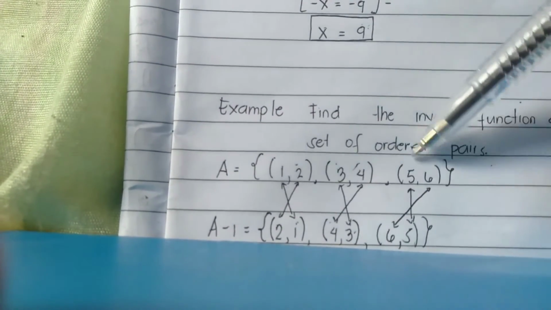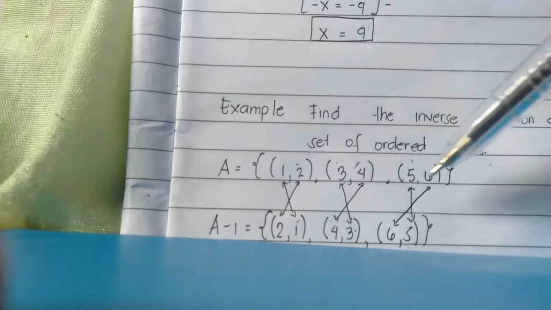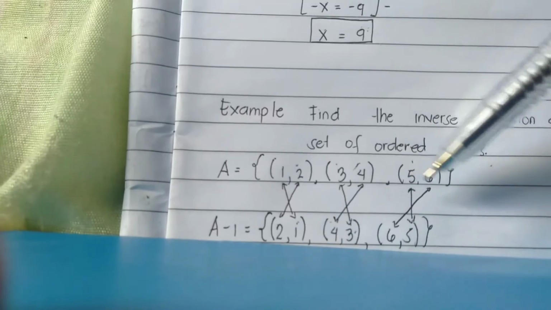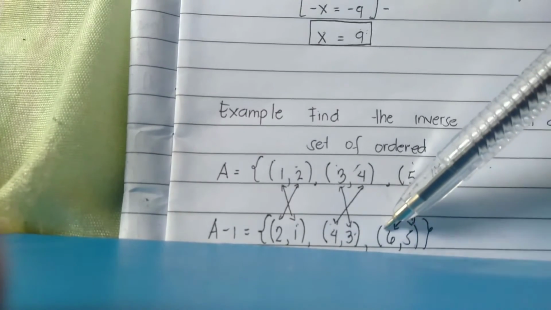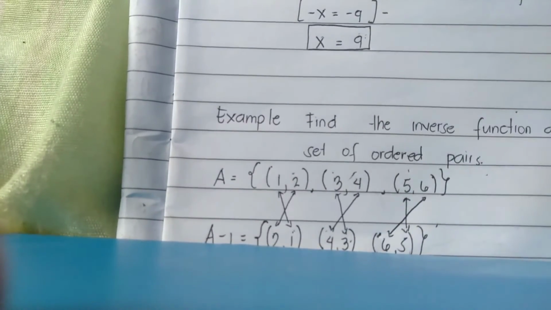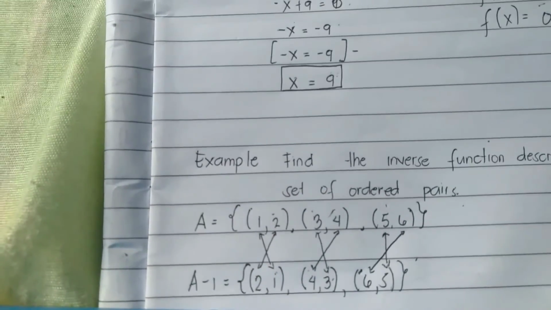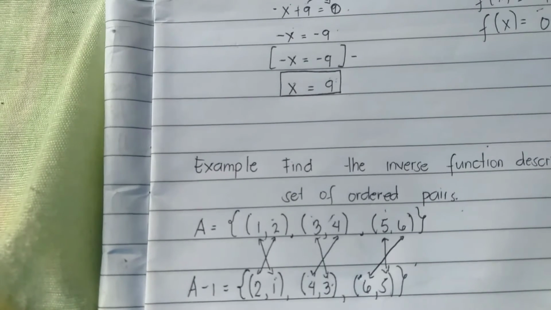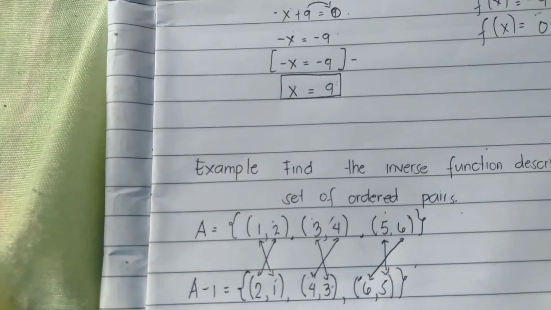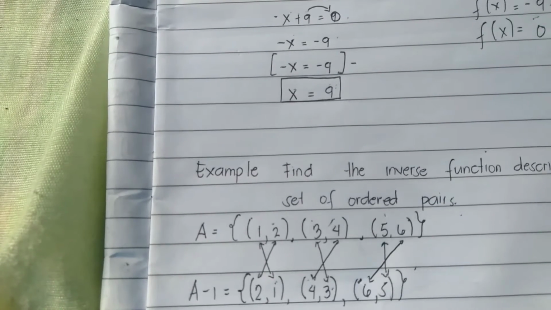Then x is 5, y is 6. Then the inverse of it is 6 is x and 5 is y. So by examining the inverse of the given function, we can say that there are no existing common x coordinates. So we can say that it is an inverse function.